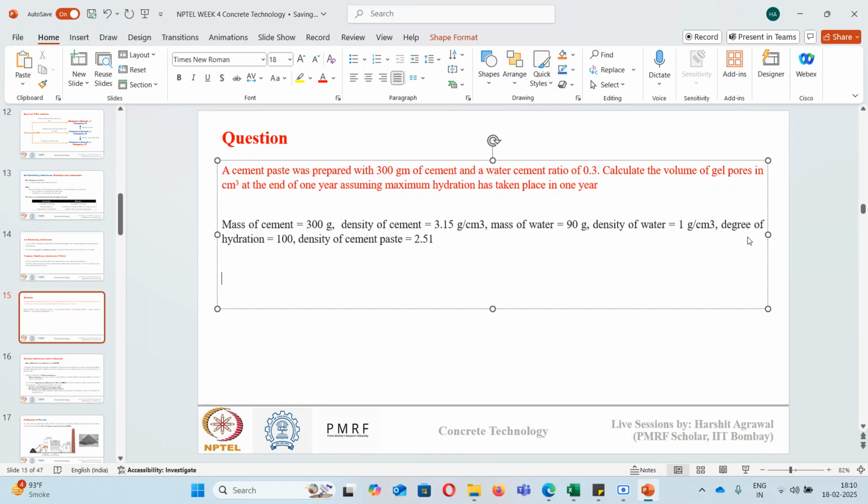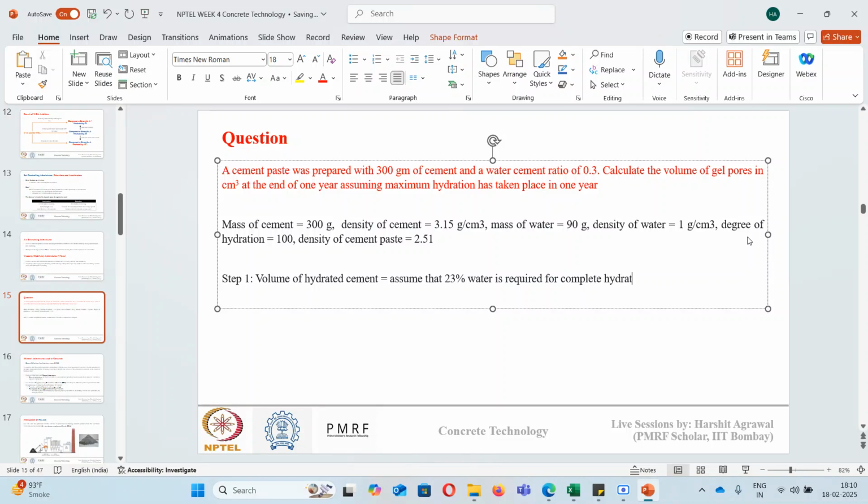Okay. So step 1 will be to calculate the volume of hydrated cement. How can I calculate it? I need to assume that 23% water is required for complete hydration. This we have already derived when we talked about chemically bound water, and we saw that 23% water is actually required for complete hydration.